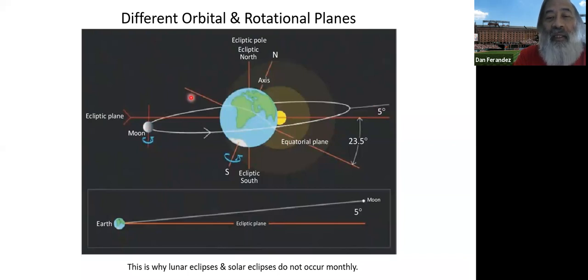And incidentally, this is the Earth's equatorial plane. This is that 23.5 degree tilt that we're fairly familiar with. So because of these offsets between the ecliptic and the moon's plane, you don't have eclipses occurring on a regular monthly basis.